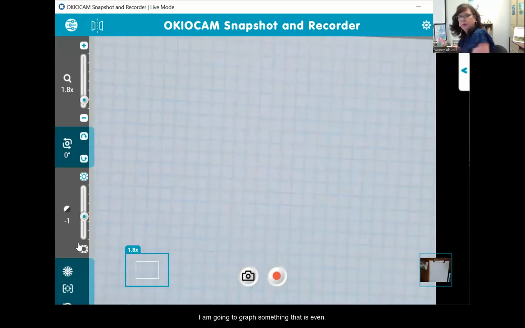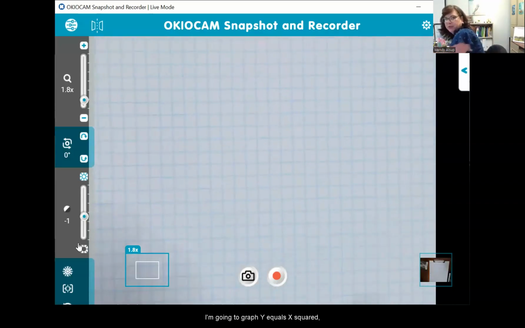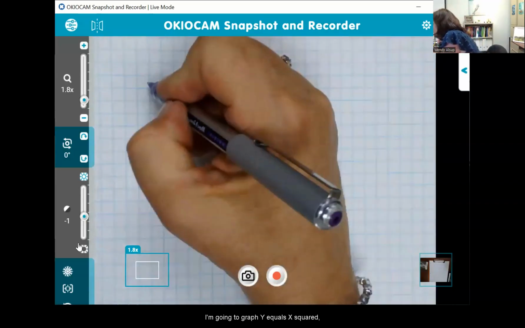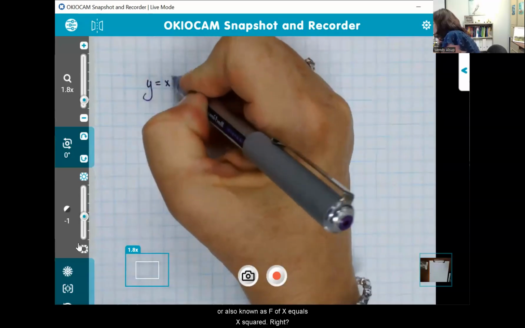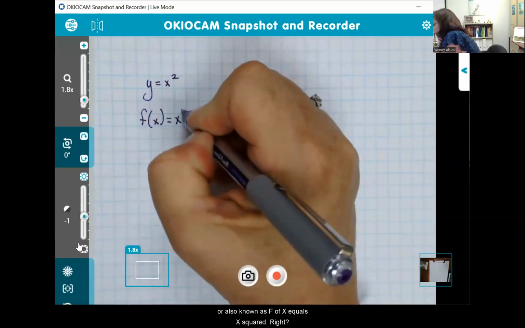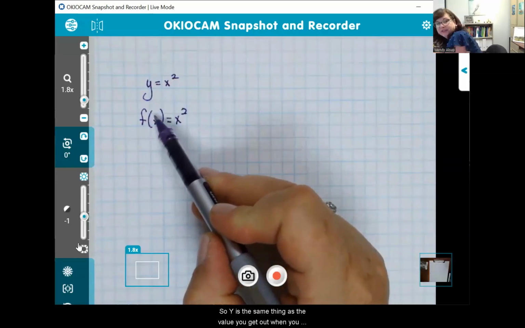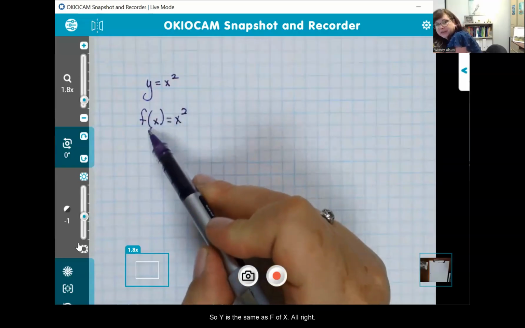So let's think about a graph here. I am going to graph something that is even. I'm going to graph y equals x squared, also known as f of x equals x squared. y is the same thing as the value you get out when you plug x into your function, so y is the same as f of x.